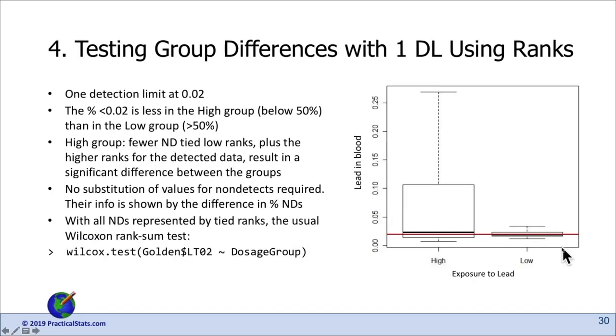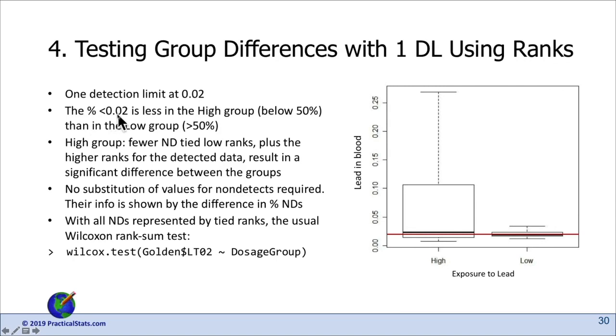Here's one of the data sets that comes with the NADA package. This is lead in blood of herons that were exposed to high levels of lead environmentally and low levels of lead over here. And they wanted to know whether that shows up in the blood. There is one detection limit, again, to keep things simple, but these tests work for multiple detection limits just fine. This detection limit is at 0.02.